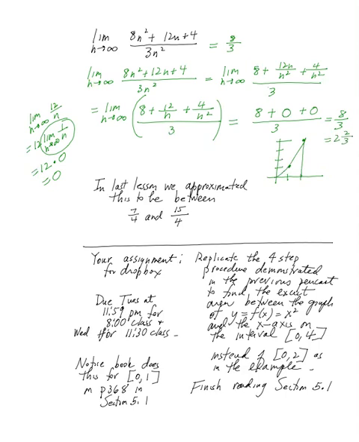Let's see if that's reasonable. Let's try to count squares. Let's try to count 1 unit squares. So we have maybe a half a square here.